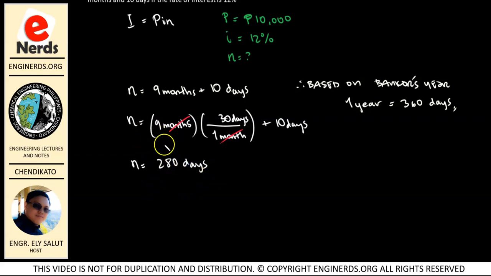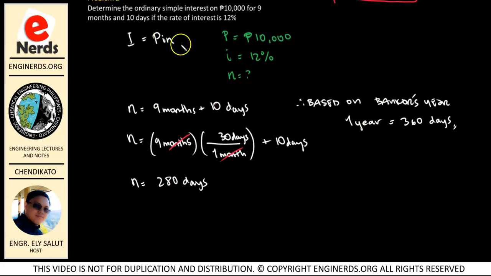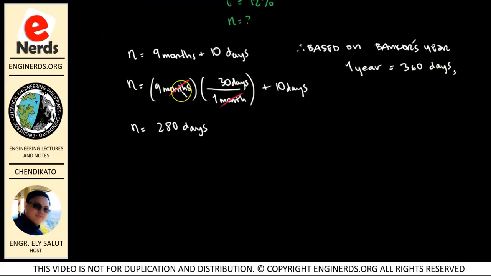Now, we have to express this into years kasi para magamit natin itong ating equation. Our N should be expressed in years. So, according to banker's year, in 1 year, we have 360 days. Okay, so our days here will be cancelled out.